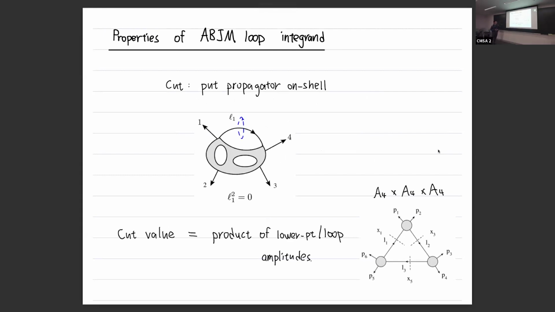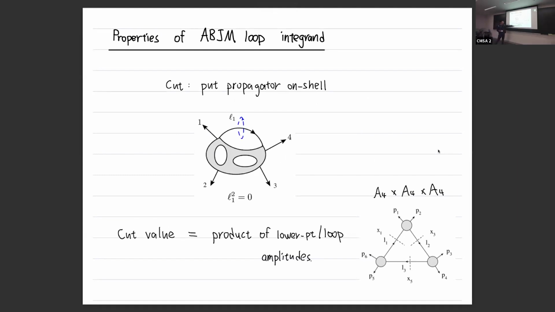Physically, the amplitude's loop integral should satisfy many consistency conditions. The most famous one is the cut condition, meaning that if we put this propagator on shell, so L squared equals 0, then it will become the product of lower point or lower loop amplitudes.